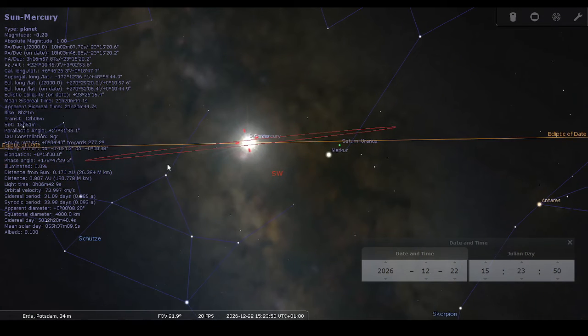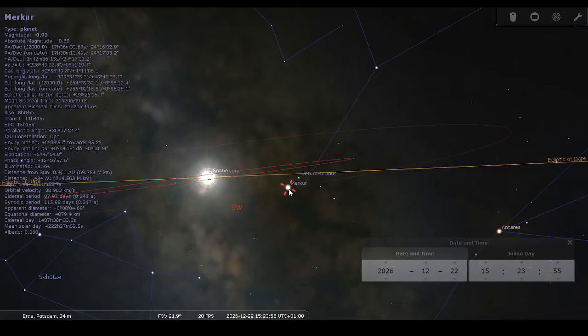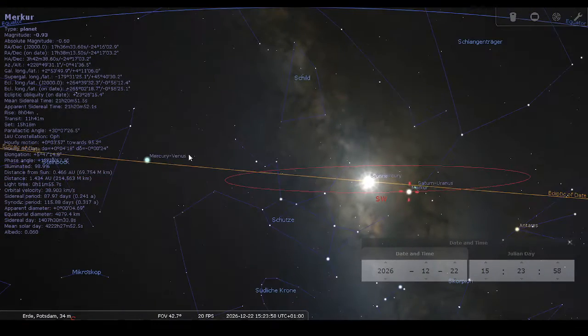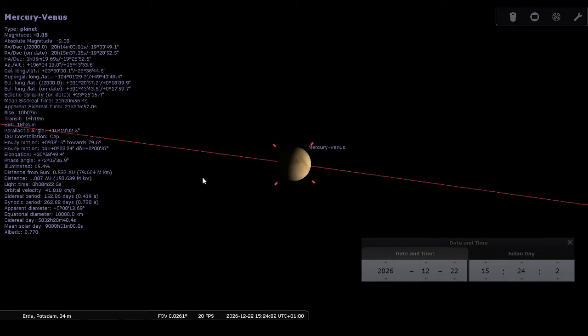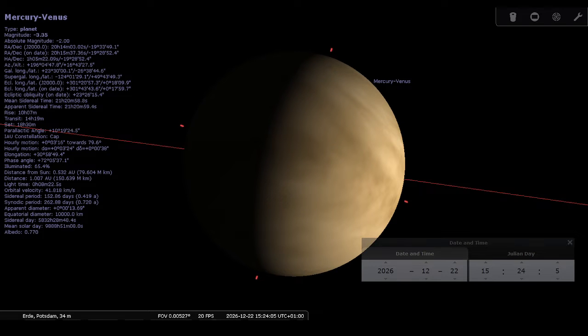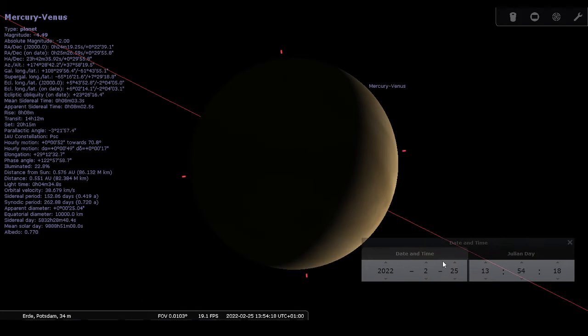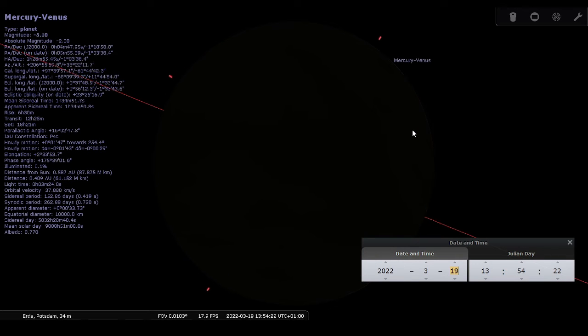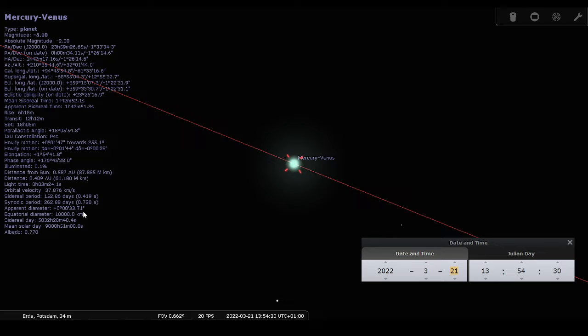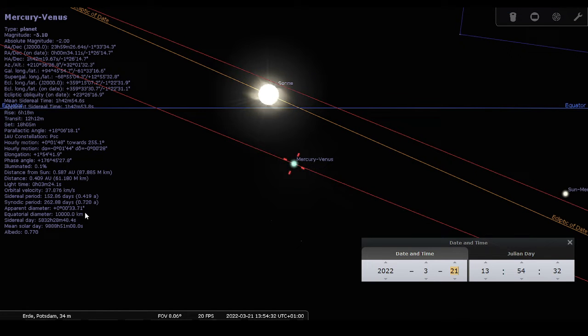And now we are going over to Mercury-Venus. Mercury, of course, is a real planet, so we're going to Mercury-Venus. I've chosen the texture of Venus, and it also has some phases, and its apparent diameter goes up to a bit more than half an arc minute, so it's bigger than Mercury has in lower conjunctions, about 12 arc seconds.